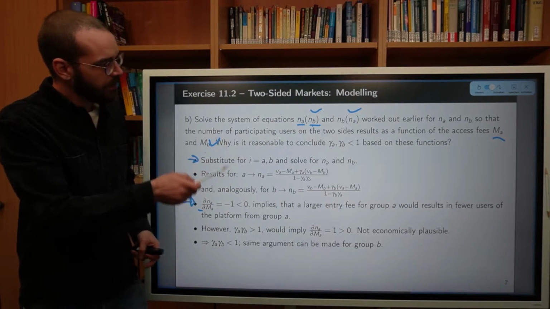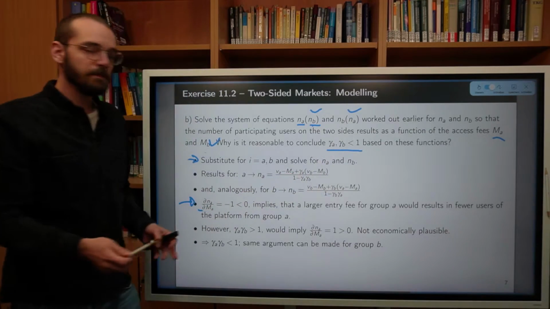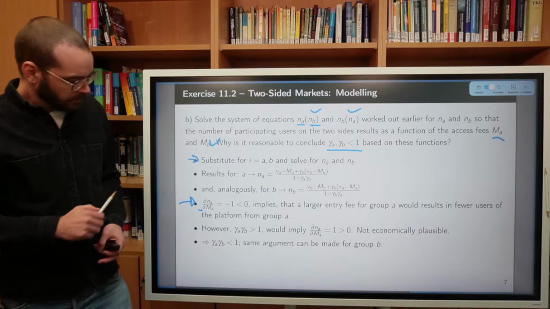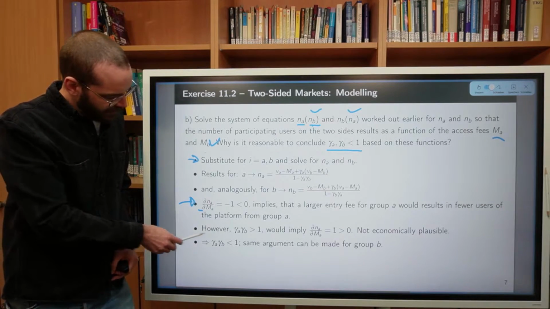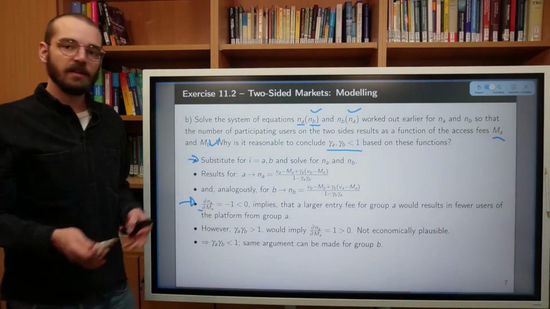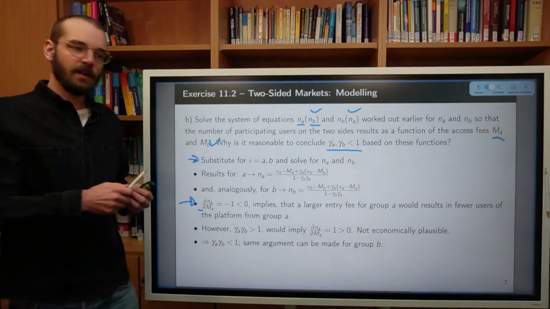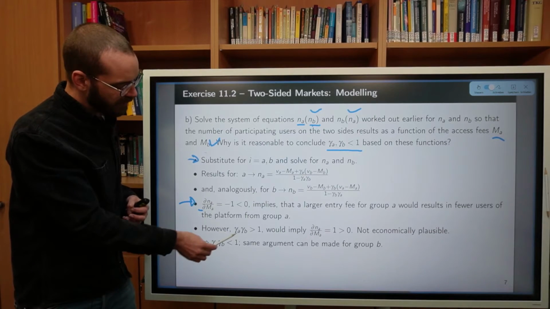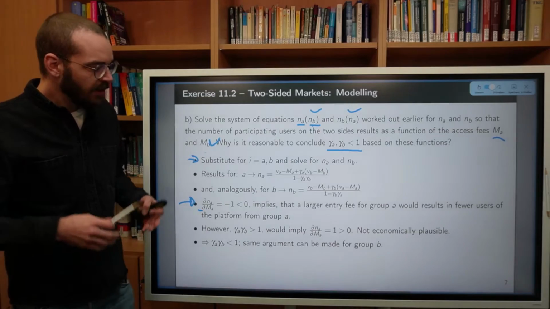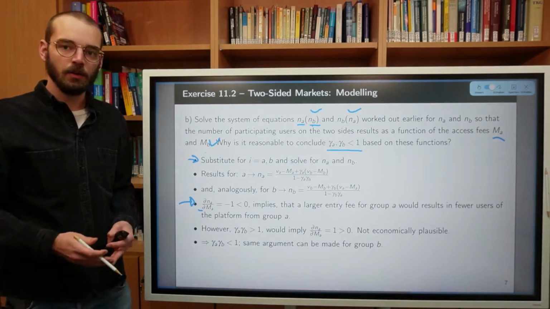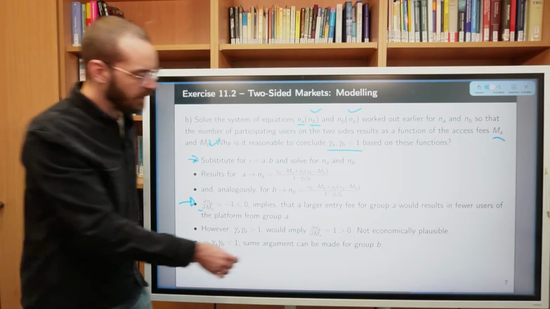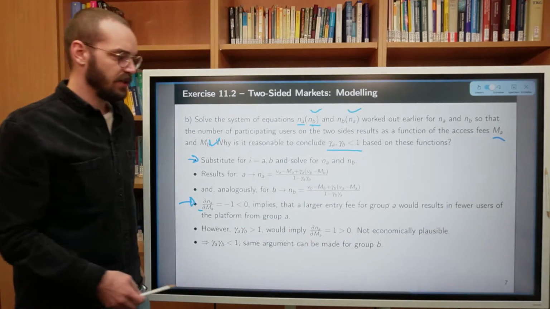Now, for parameters that are in this interval, this property holds, right? However, if gamma A times gamma B is larger than 1, this property is no longer holding. If this product becomes larger than 1, then this partial derivative is larger than 0.